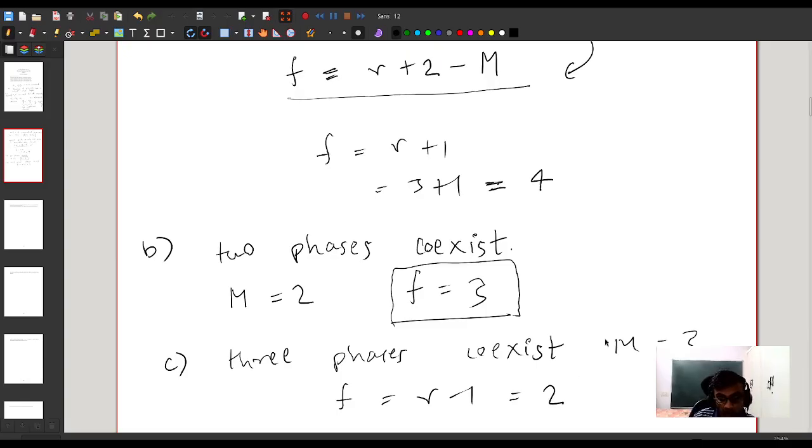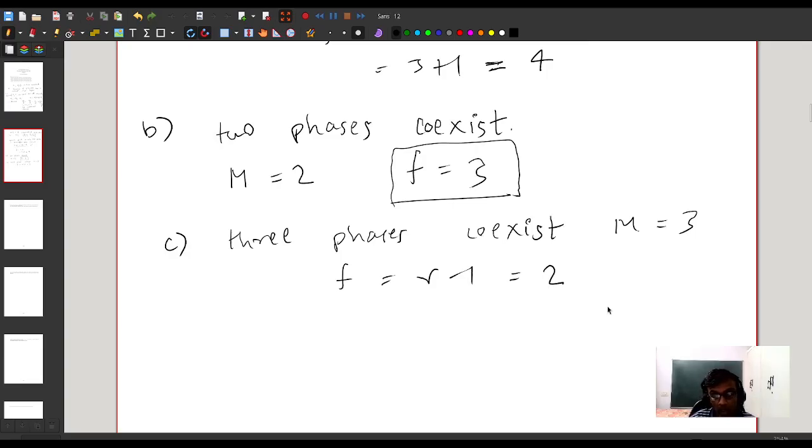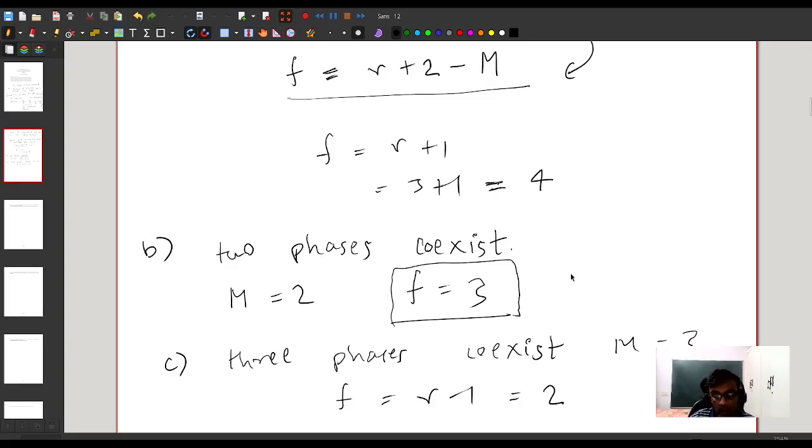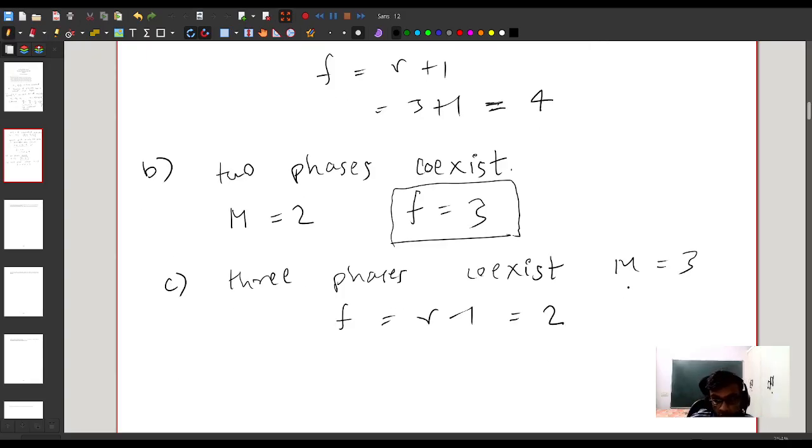So for every new phase, we'll have one less degree of freedom to vary to stay in that coexistence regime. So this is what we are calculating here.